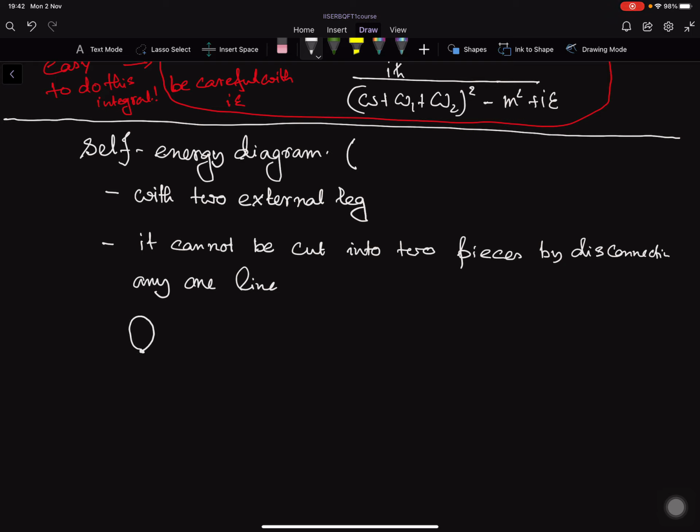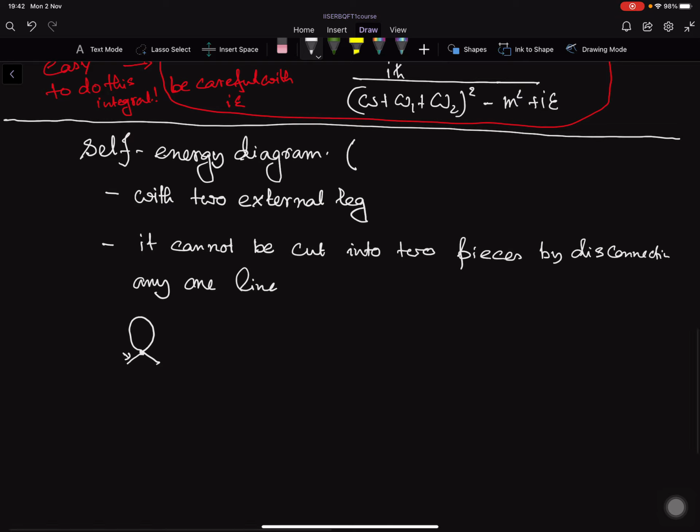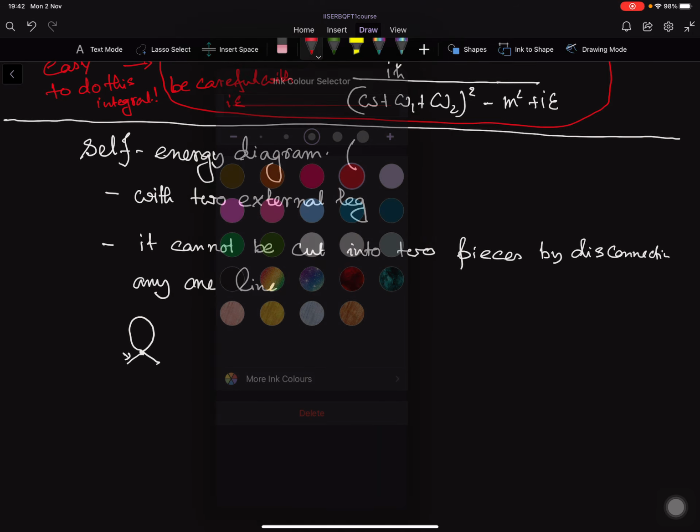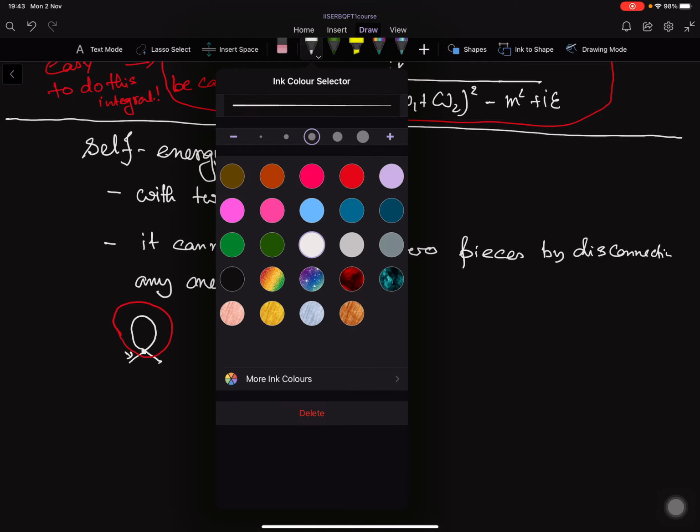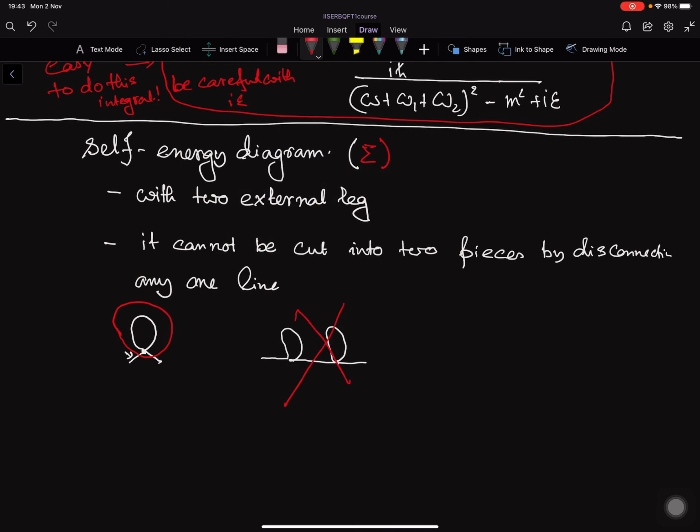When I am saying external leg, these are not part of it, just this part is the part of the self energy diagram. So self energy diagram is usually denoted by sigma. But for example, this is not a self energy diagram, because I can disconnect it if I cut this line.